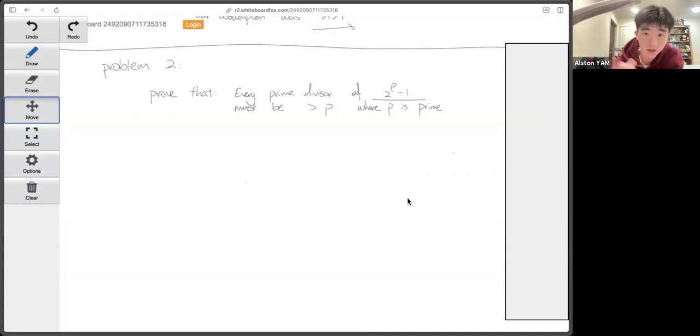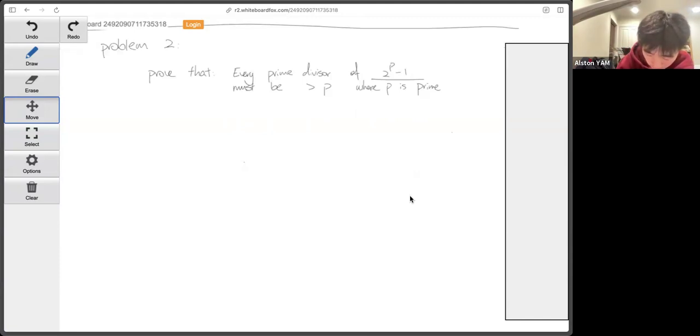As always, what I like to do is start with the small cases. So p equals 2. 2 to the p minus 1 is 4 minus 1, which is 3. The prime divisor of 3 is just 3, which is greater than 2. p equals 3: 2 to the p minus 1 is 8 minus 1, which gives you 7.